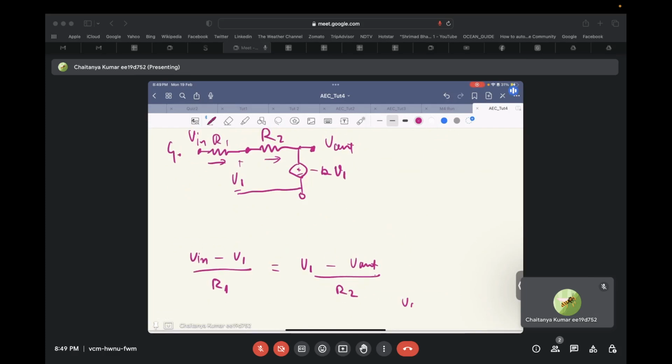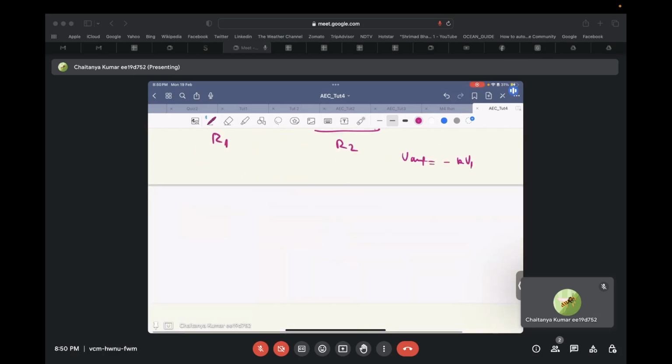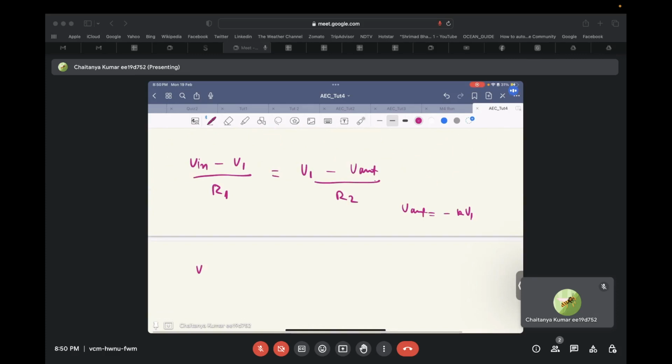V out we have as minus K times V1, so substituting that, V in minus V1 by R1 is equal to V1 plus K times V1 by R2.